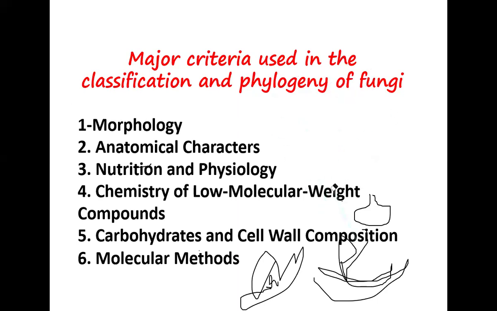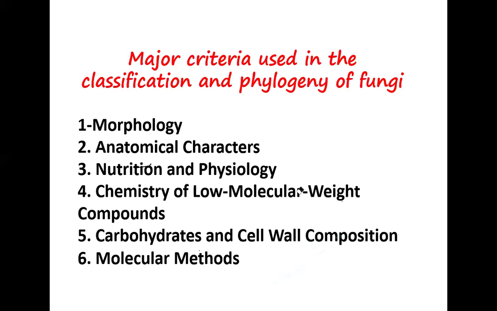They ask the question, what are the main components for the consideration of fungi classification? What are the criteria? Which among these is taken into consideration in the classification of fungi? You should know these all six, by that you can categorize and separate which one it is.